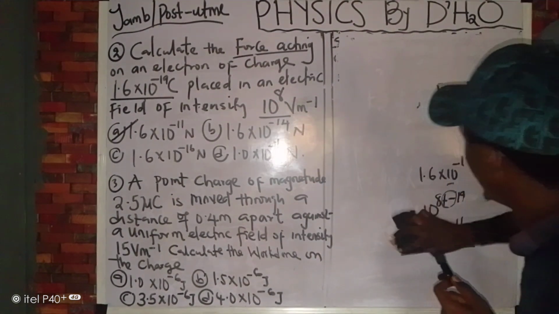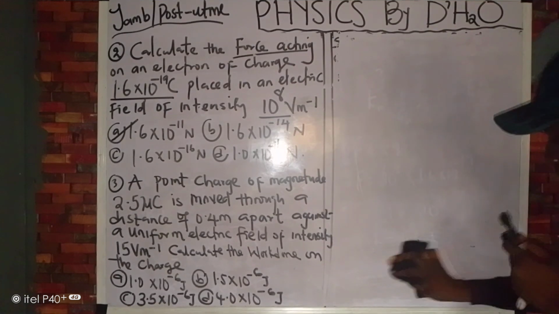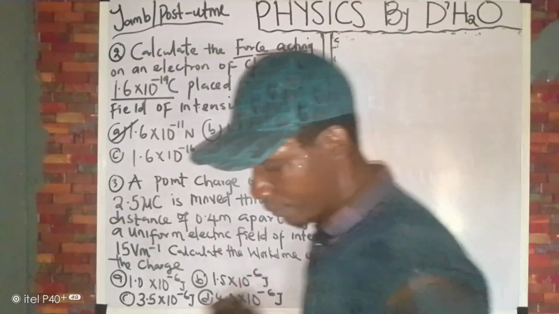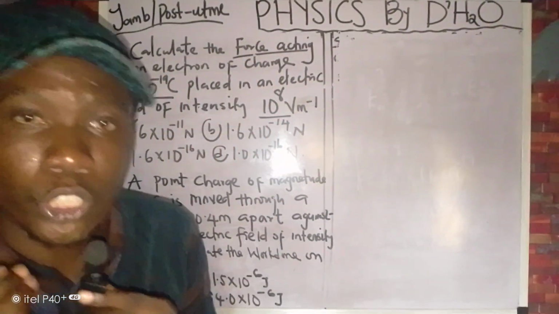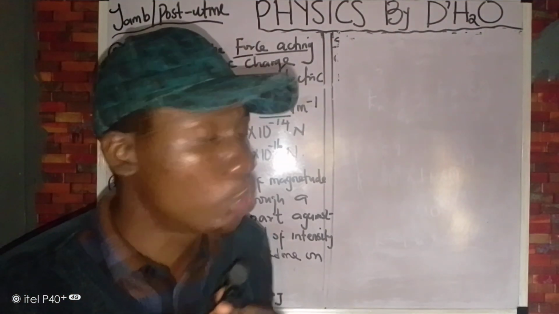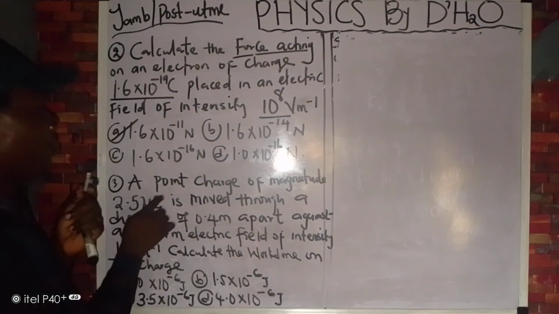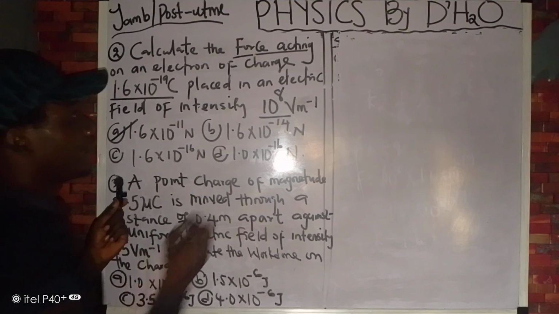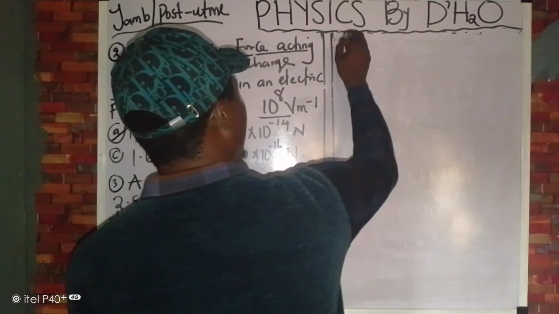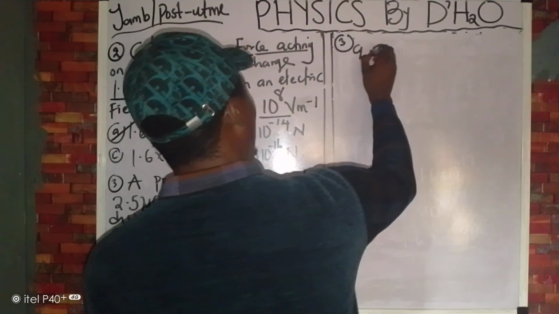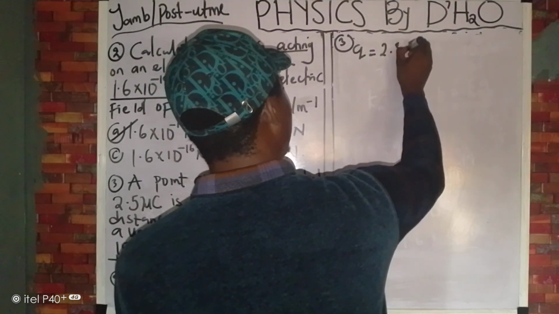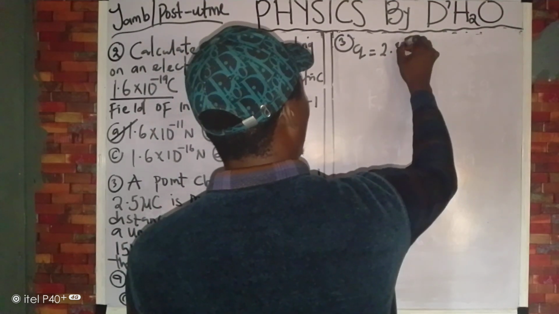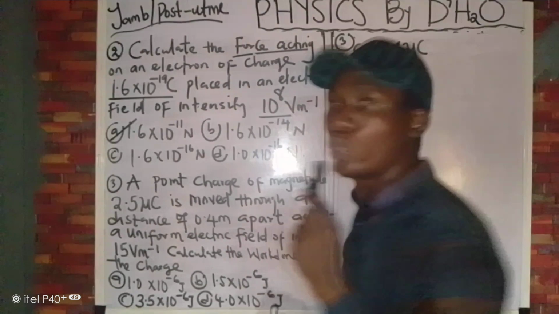Let's take question number 3. Question number 3 seems to be a little bit tricky, so you have to be careful. A point charge of magnitude, they gave us the charge. Charge is equal to 2.5 microcoulomb. This is the symbol for microcoulomb.